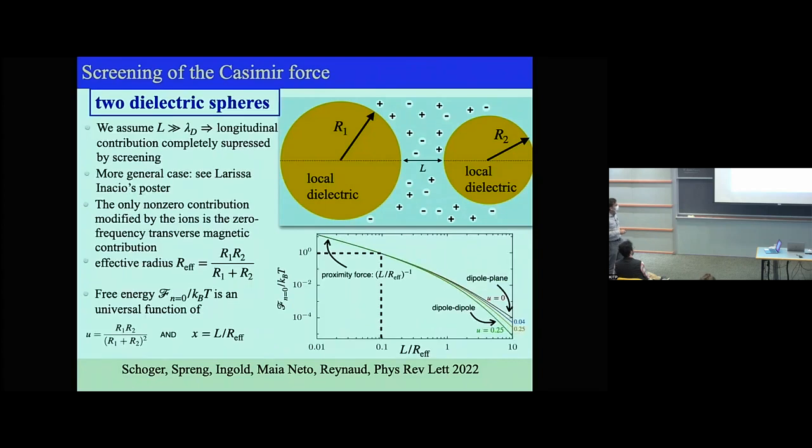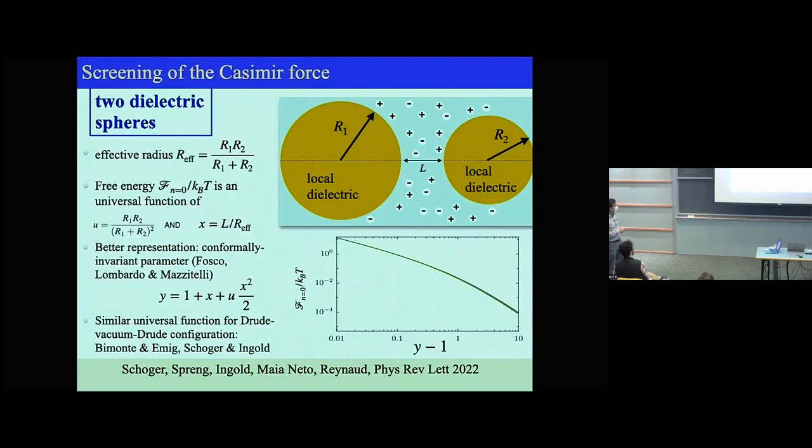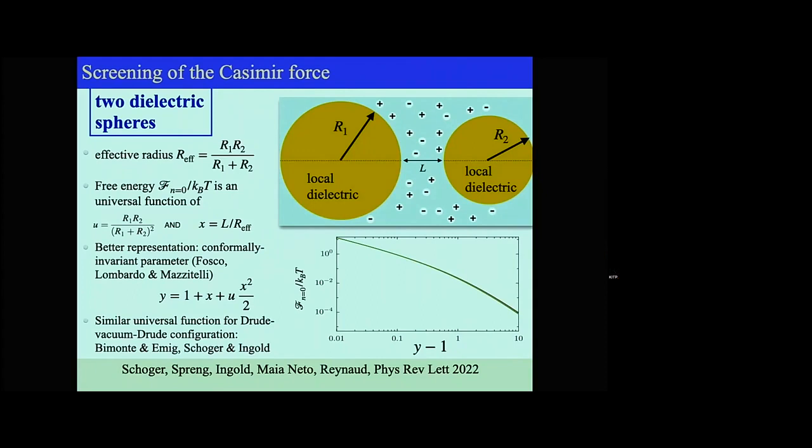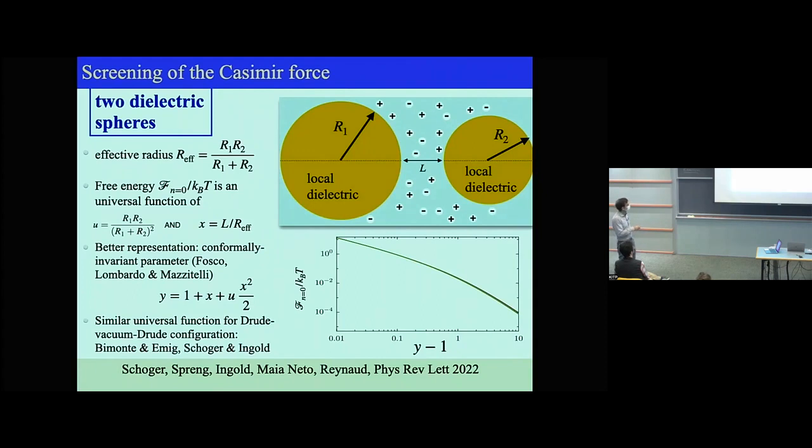If I plot, instead of plotting as a function of this x, as a function of this parameter here, that you see contains the u in its definition, most of the dependence on u is already captured by this definition, and in particular, in the long distance limit, they almost coincide. So most of the dependence on u comes from this conformally invariant parameter y.